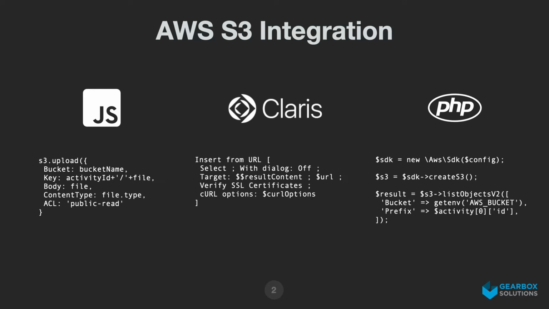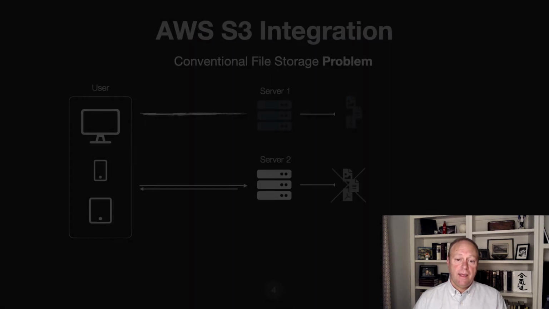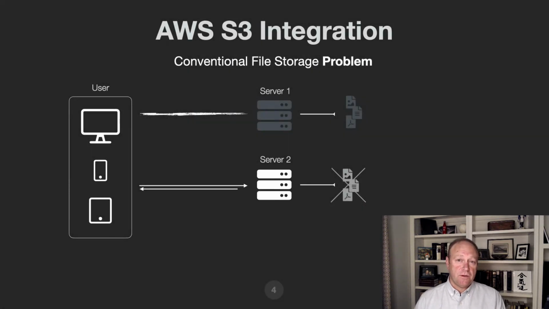So conventional file storage often is storing a file in the file system on the server, and that's fine and it can work. The problem comes when maybe that server goes down and you need to switch to a different server. The files are not associated with the data on a different database unless you do some sort of synchronization.